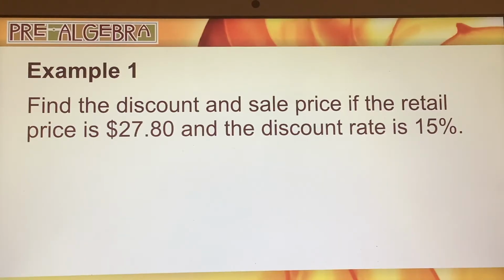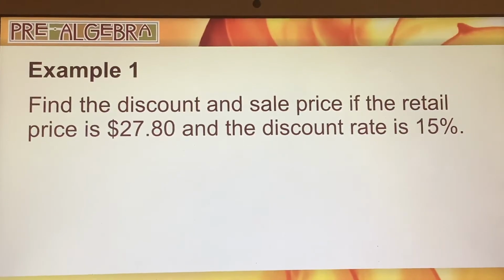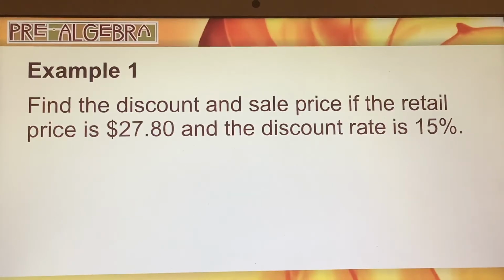Now this would be a very expensive basketball, $27.80. And let's say there's a discount rate because the stores are all excited about having business again, and they're opening, and they want to give their customers a 15% discount rate.